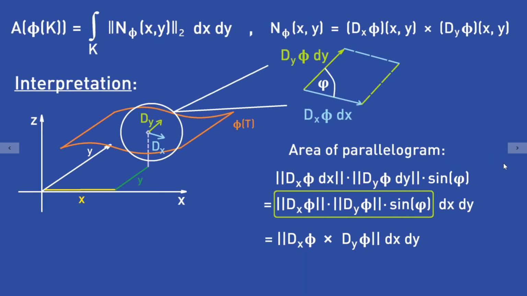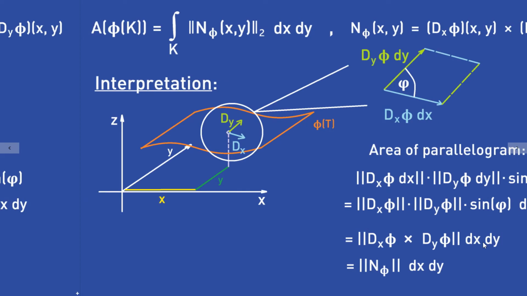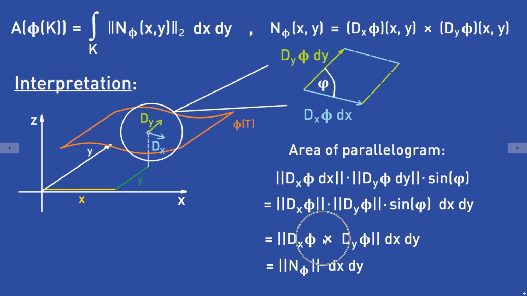You can show that this here is the norm of the cross product of the derivatives with respect to x and y. So this here is equal to that here. We also called this cross product the normal vector of phi.